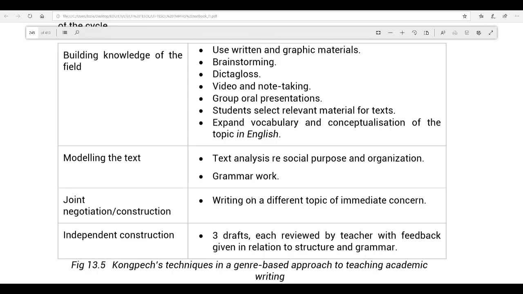Kongpak suggested that, on reflection, a more explicit explanation of the purpose of the activities in the earlier stages would have helped students have a greater appreciation for the foundational work in developing awareness of the text structure. When you're working on the building knowledge of the field stage and modelling of the text stage, giving students a clear idea of why you are doing that will help them through those activities as well.